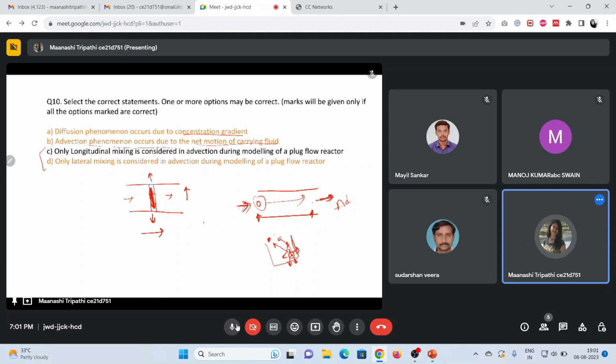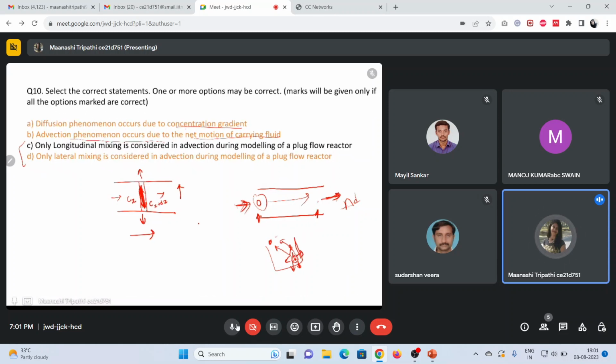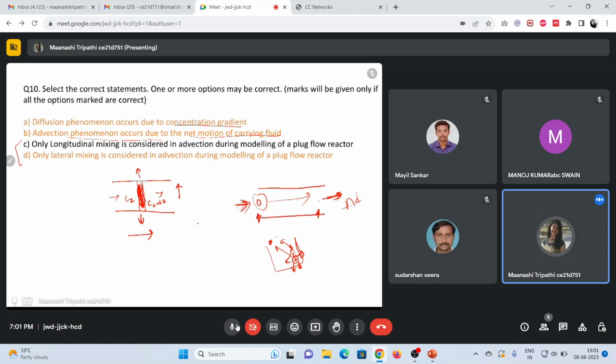I hope you remember the example sir gave, in which here the concentration was C, but here it was Z plus dz. We have considered that this section is mixed very properly. So this is called lateral mixing. And why was option C wrong? Longitudinal mixing.